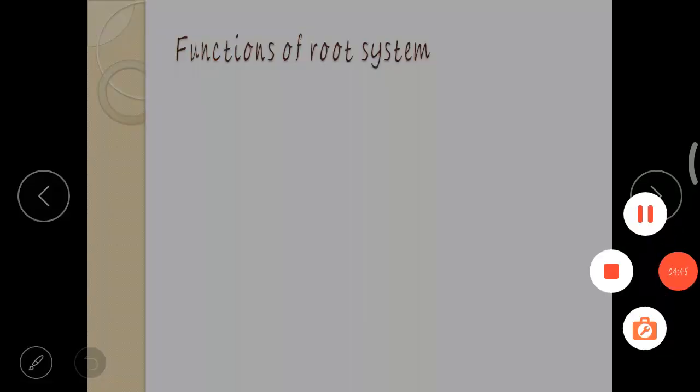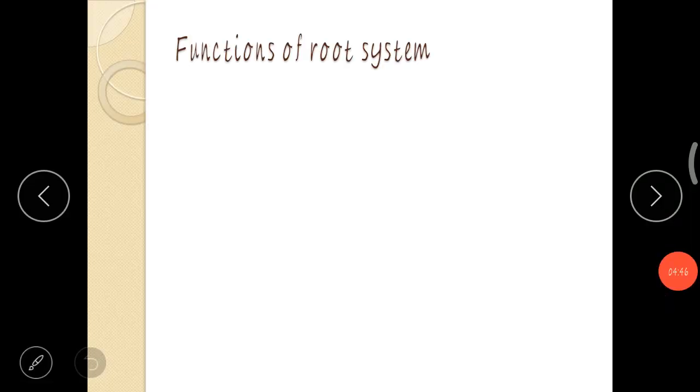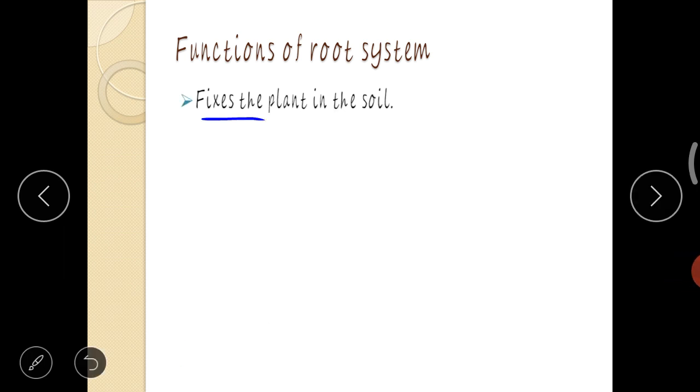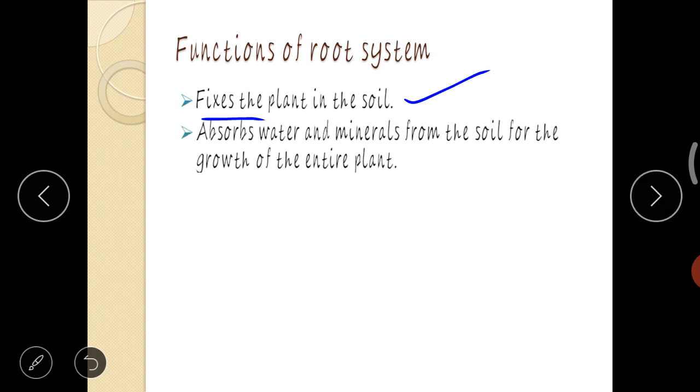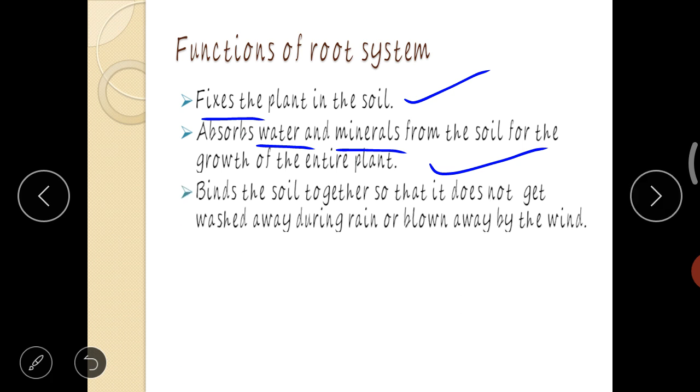Next is the function of the root system. What are the functions of the root system? The first one, it fixes the plant in the soil. It also absorbs water and minerals from the soil for the growth of the entire plant, and it binds the soil together so that it is not washed away during rain or blown away by wind.